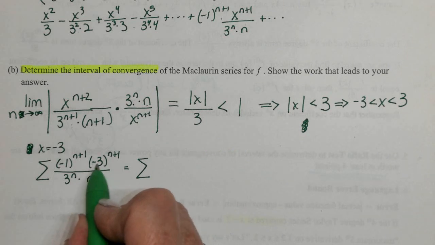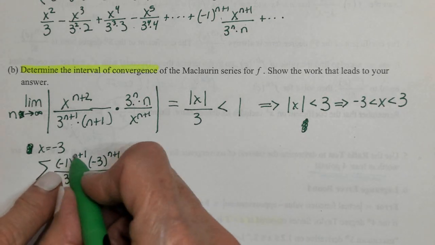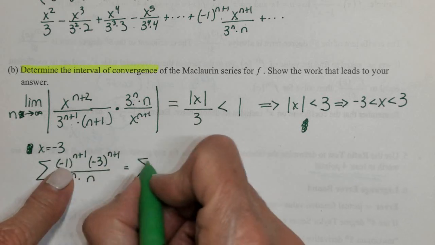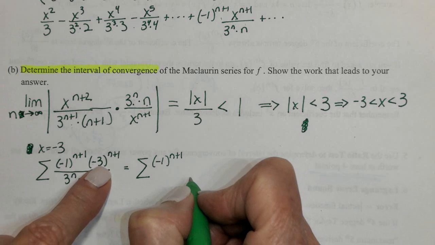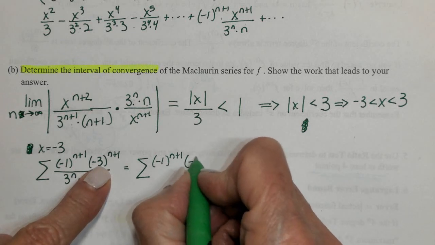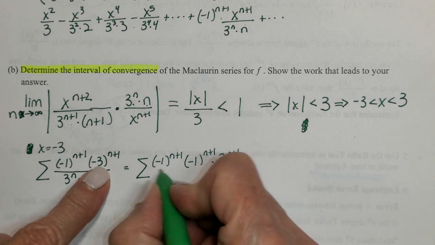Okay, this negative 3 to the n plus 1, I'm going to rewrite that. I'm going to write it as negative 1 to the n plus 1 times 3 to the n plus 1.